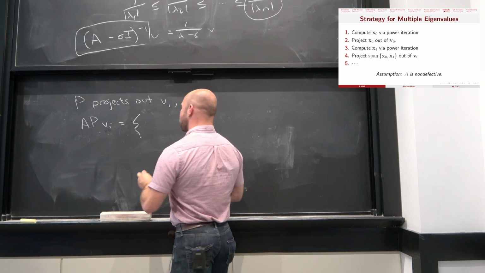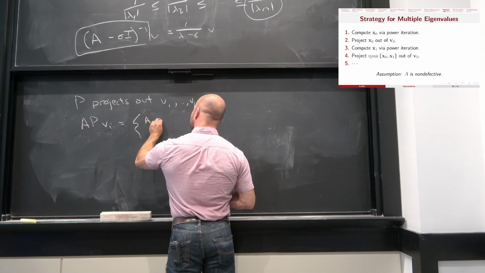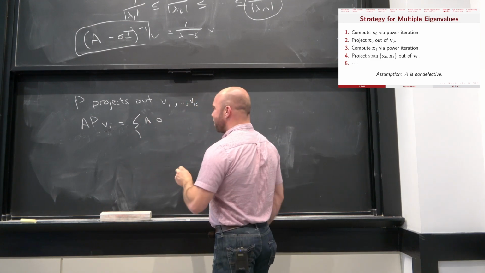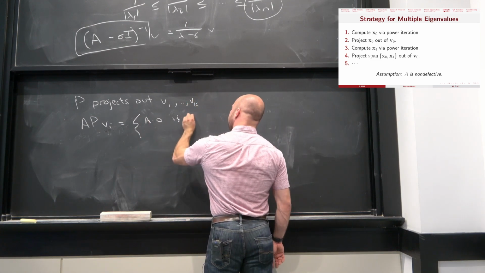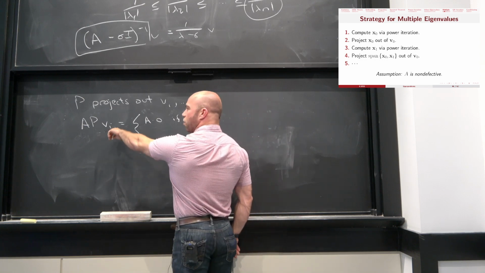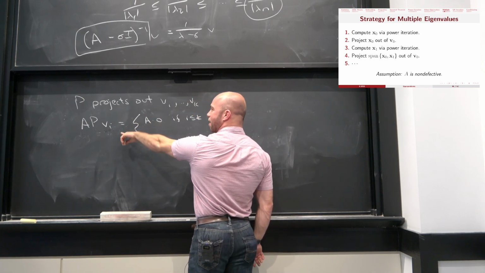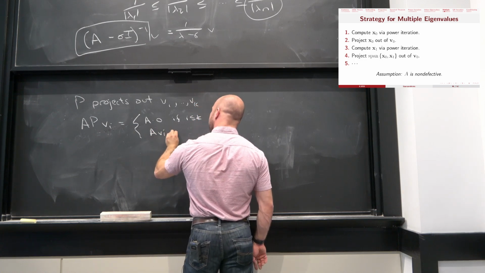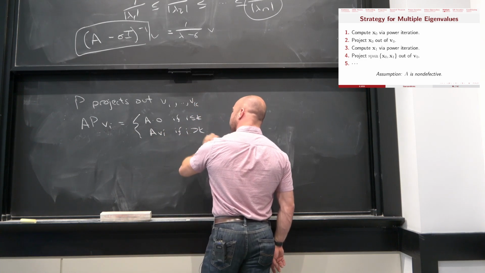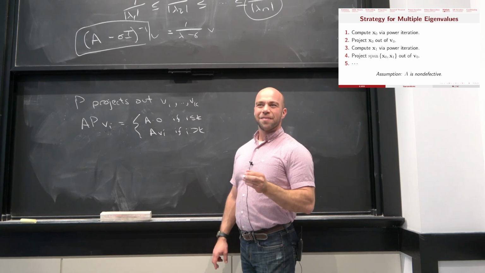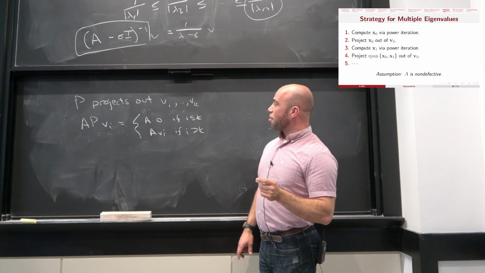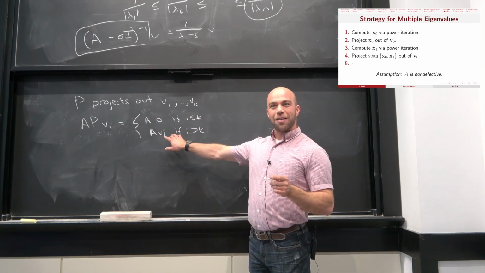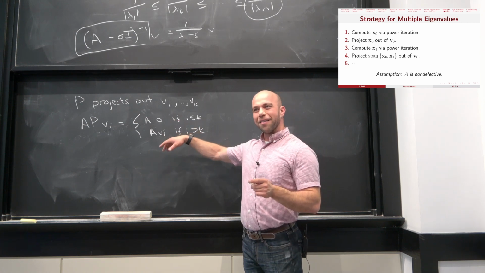So it's A times 0 if i is less than or equal to k. And what happens if I project out this thing and I'm orthogonal to that space? Well, then I haven't done anything, right? So vi if i is bigger than k. Does that make sense? So if P projects out the first couple eigenvectors and they're all orthogonal to one another, then we have these two cases.